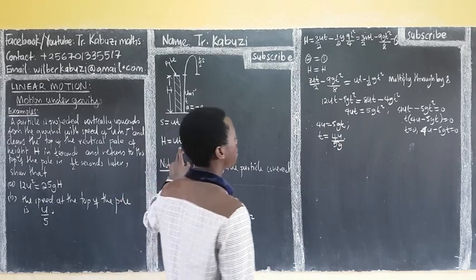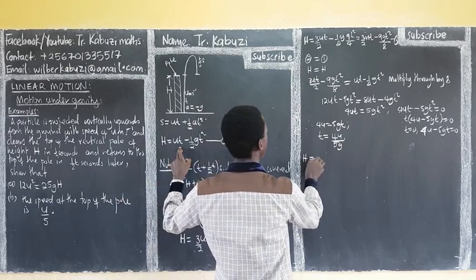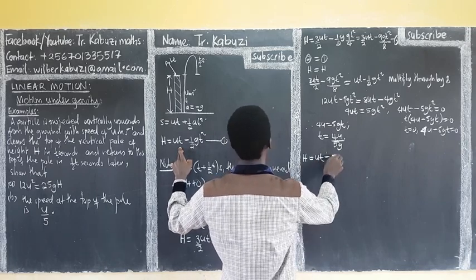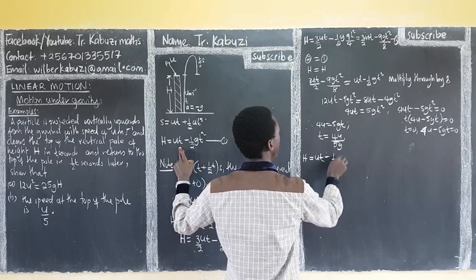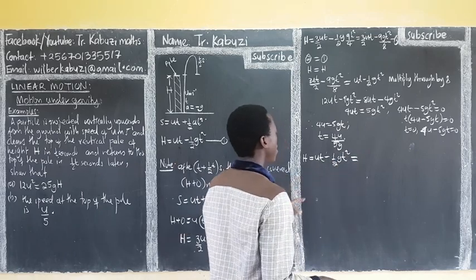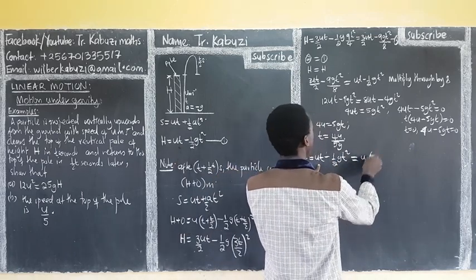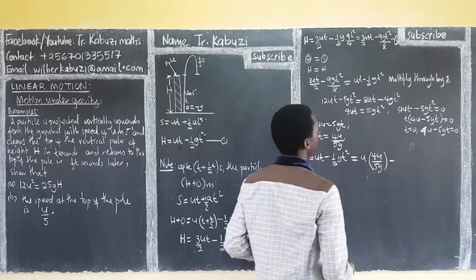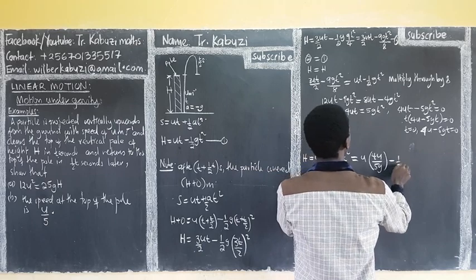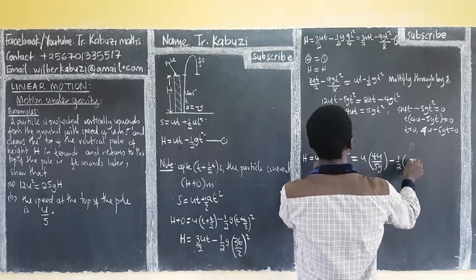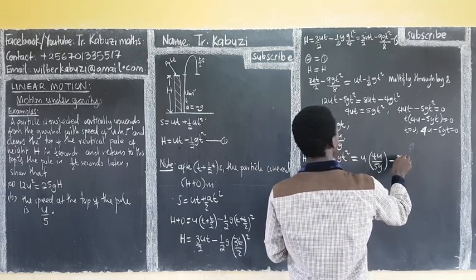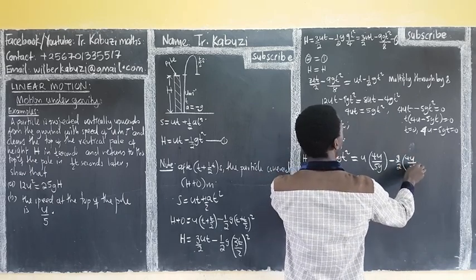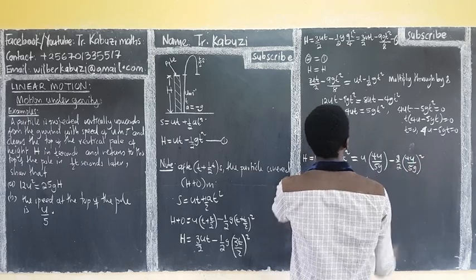So when I put it in this formula, my h equals ut minus half g t squared. Putting in our t, we have u into 4u over 5g, then minus half into g, then 4u over 5g the whole squared.